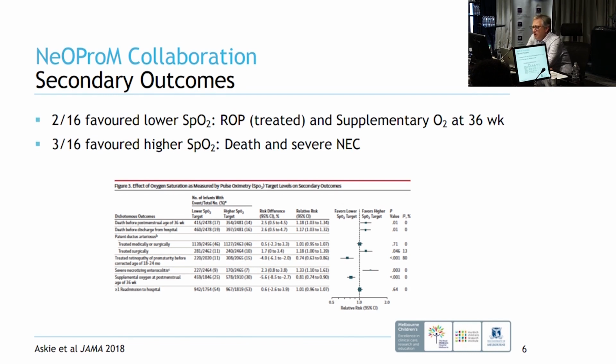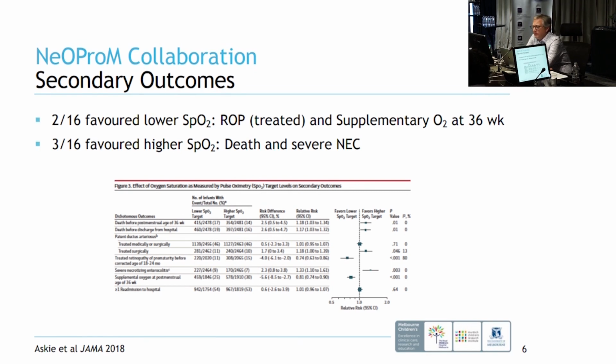So we have a problem where overall the BPD death combined outcome was no different, and BPD outcomes aren't particularly different. But we ended up with clear evidence that if we have a lower saturation range, we get less death but more eye disease, and if we have a higher saturation range, we may get more death and less eye disease.